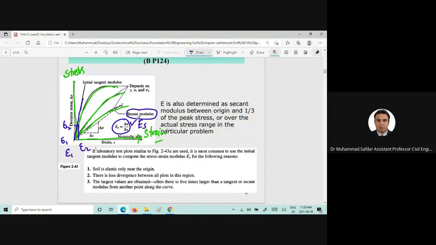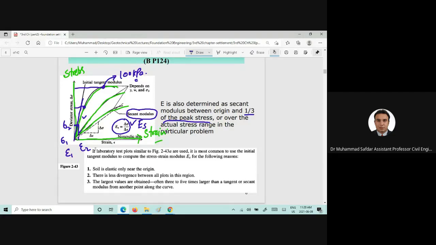And the secant modulus we can find out at the 1/3 of the peak stress. For example, if this is the peak stress, or if we call that 100 kilopascal, we will divide it in 3 equal increments, 1, 2, and 3.